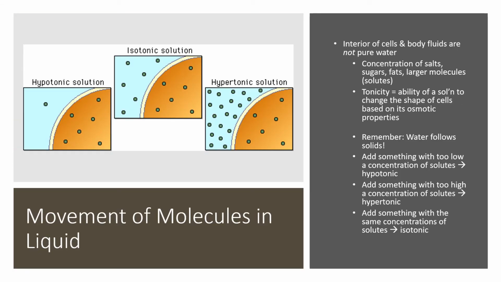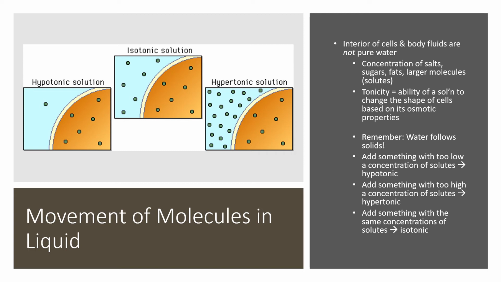Remember that the interior of cells and body fluids are based on water, but they're not pure water. So there's always this stuff around. You have water, but you also always have stuff. How densely packed that stuff is in the water is its tonicity. You have salts, you have sugars, you have fats, you have bigger proteins, you have whatever floating around in varying concentrations.